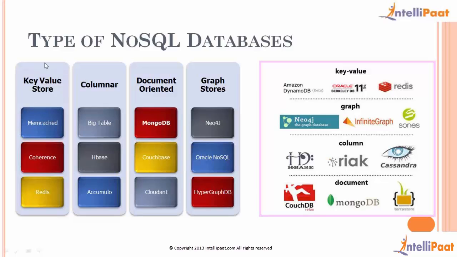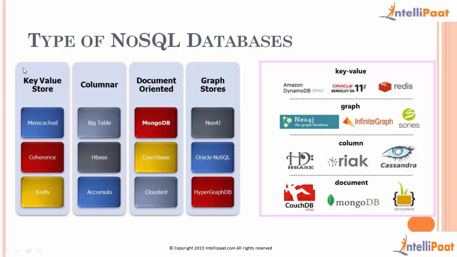This key value store is a very, very simple category. You will have one key, and in the value you can put all your values. For example, if you are designing a schema for university students, there will be a student ID, and that student ID will have all information along with it as the value.